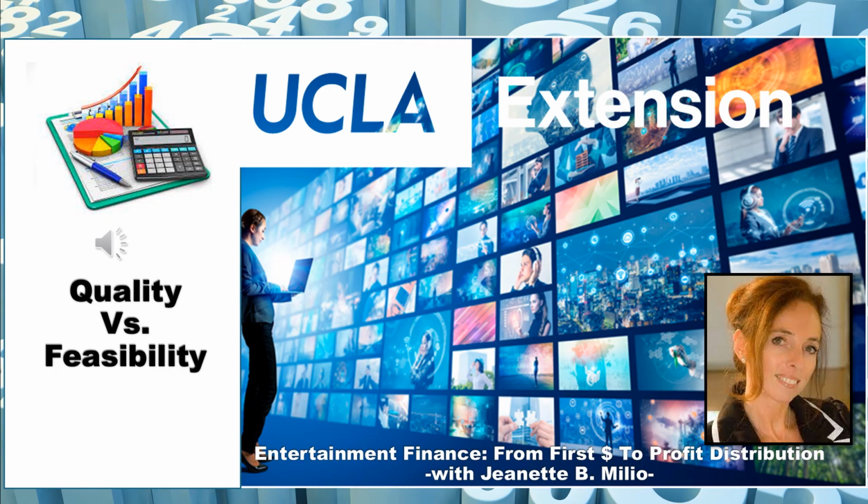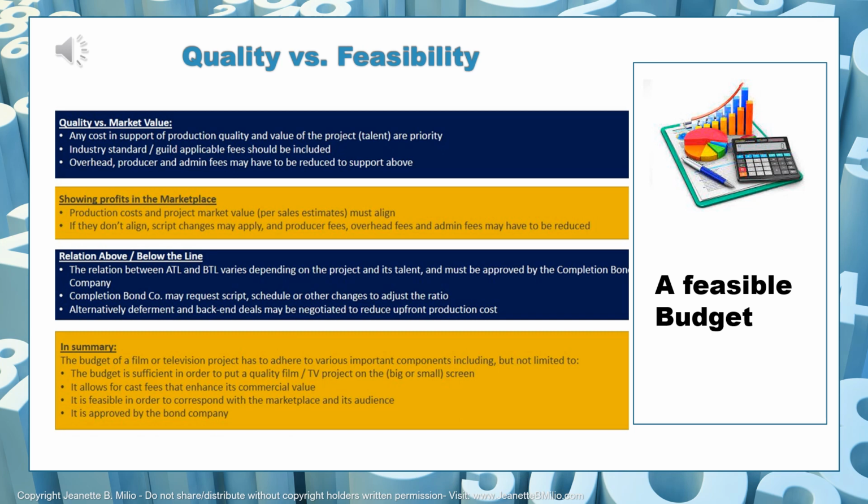There is a gentle balance we have to watch when we start cutting our budget that relates to quality versus feasibility. There are a few things that are important where I would be careful to reduce them because, for example, your talent is a priority for your film project because they make the value, they dictate what your project is worth, and they are the ones helping you be profitable.